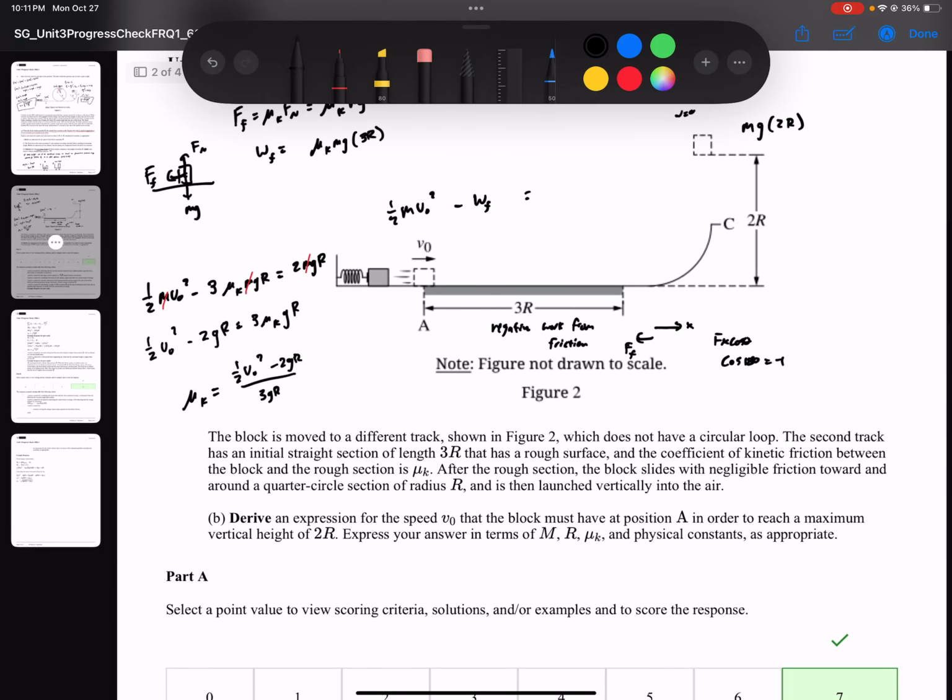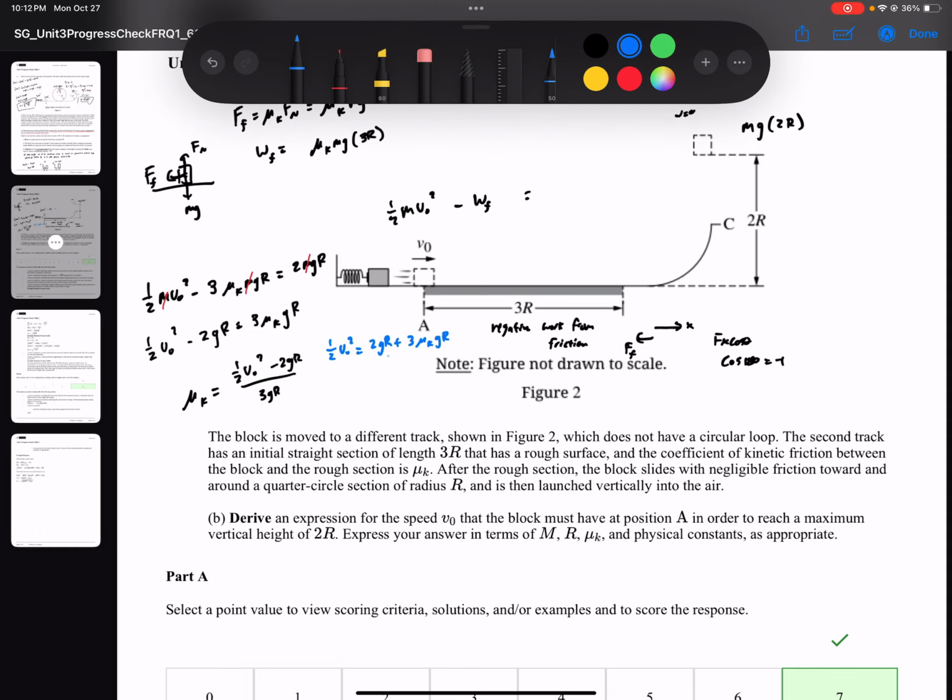But that looks a little unpleasant. To be a little bit more clean with the algebra, I'm just going to combine the grs together, so I don't have grs in multiple terms. Writing this out, let me use a different color. I'll write it in blue, because that's also how it shows in the solution manual. So they have 1/2 v naught squared is equal to 2gr plus 3 times mu sub k times gr.